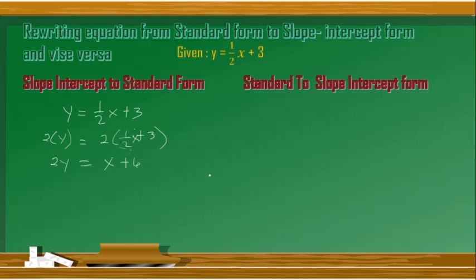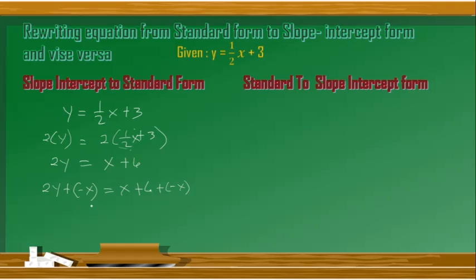The next step is to transpose all the variables to the left side. Okay, so we'll apply the addition property of equality. So 2y plus negative x, 2y plus negative x equals to x plus 6 plus negative x. So simplify.